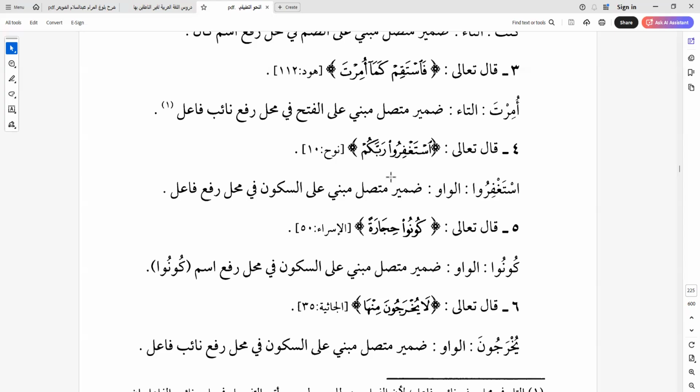The waw in front of the nun is واو الجماعة. And واو الجماعة here is acting as نائب فاعل. So the إعراب is going to be ضمير متصل مبني على السكون في محل رفع نائب الفاعل.